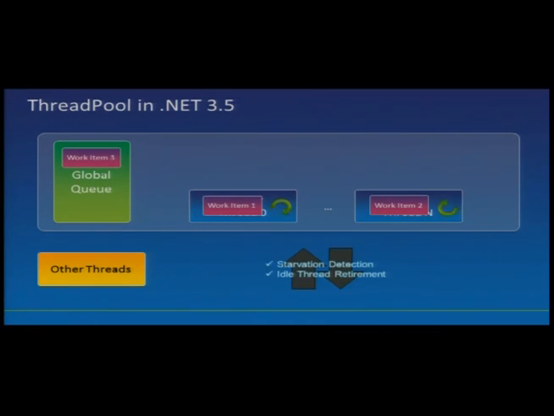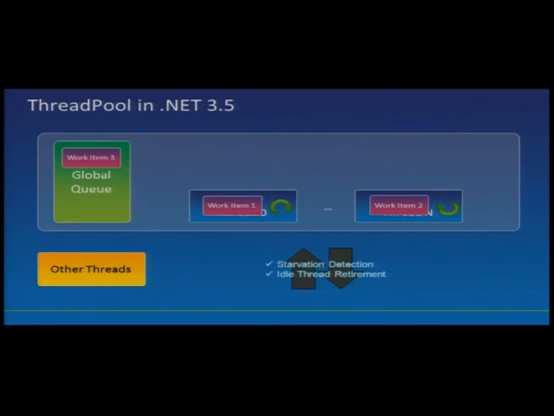The ThreadPool has two nice features in .NET 3.5. One is starvation detection. And what that means is that if you schedule work items on the ThreadPool that are very long running, the ThreadPool is going to make sure that it injects threads so that any new incoming work items are still going to get processed.